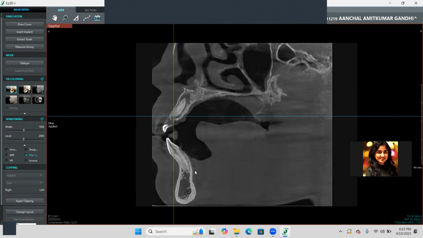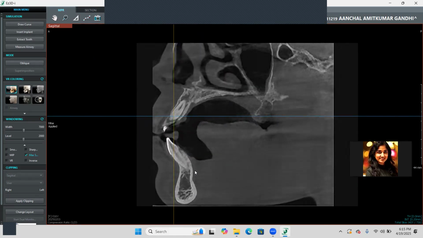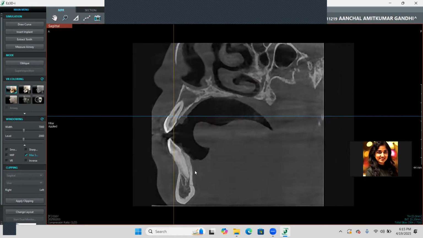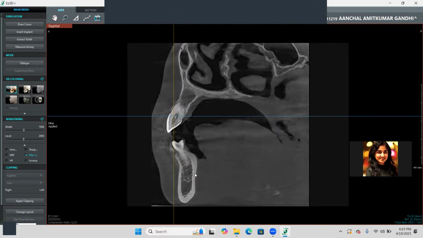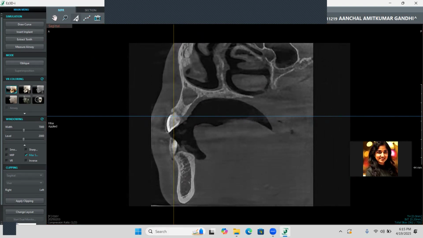In one go, we can see. We can measure the length as we have measured any other length like implant length, the width, the height, the highest width, the highest height usually we do.